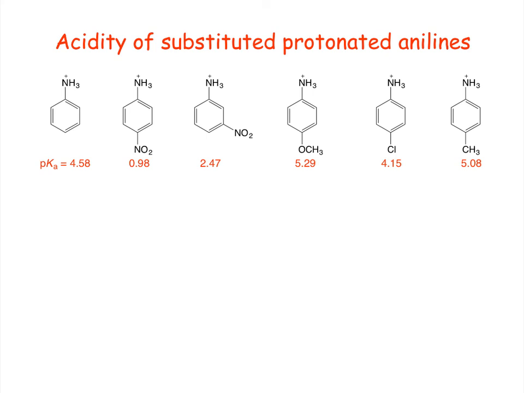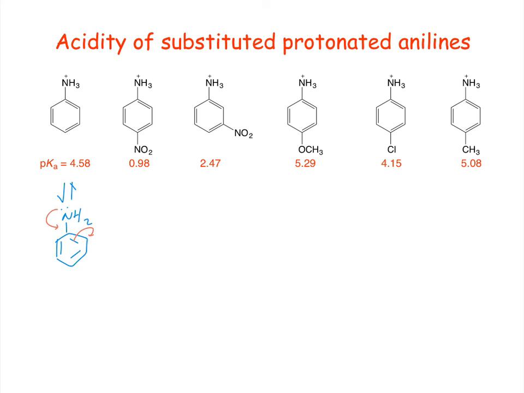All right, what if we have these conjugate acids of aniline, right? So in each of these cases, our conjugate base would be neutral, but there's a pair of electrons on the nitrogen that can be donated into the ring like this, just like we saw with the phenolate.